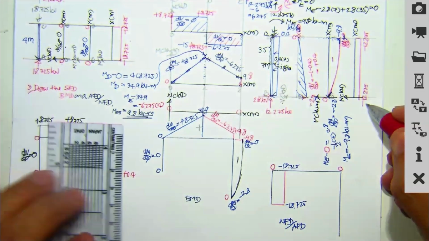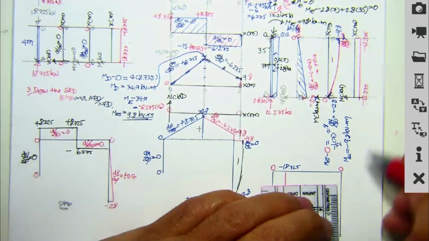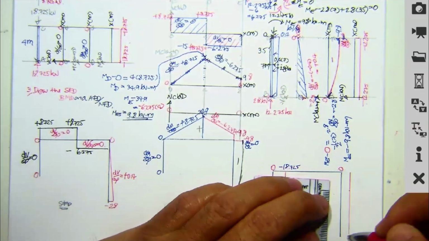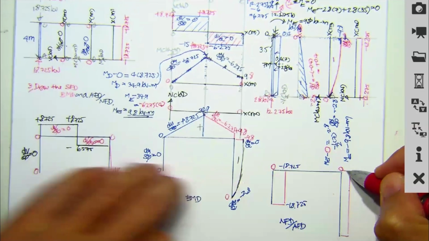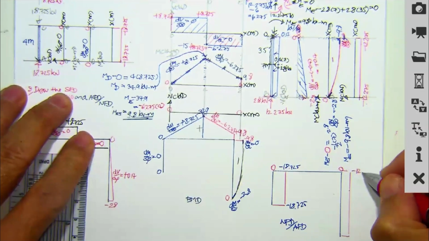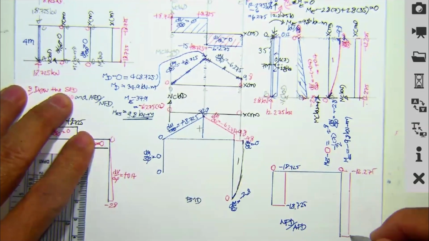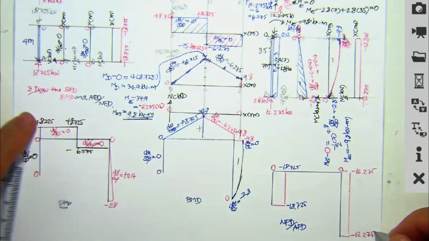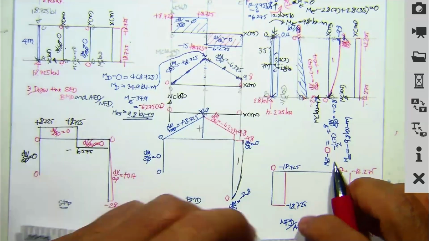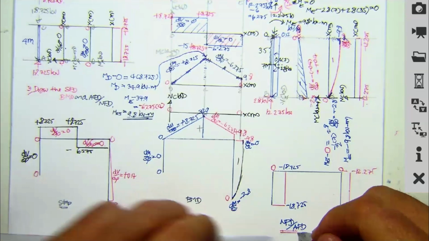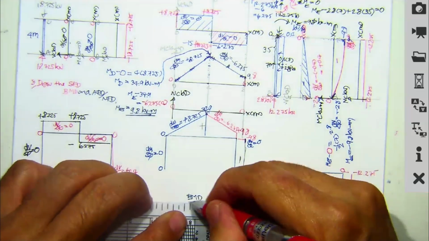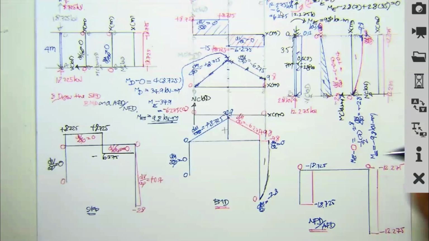This one minus 12.275, and this one minus 12.275, minus 12.275. We have our normal force diagram and bending moment diagram.